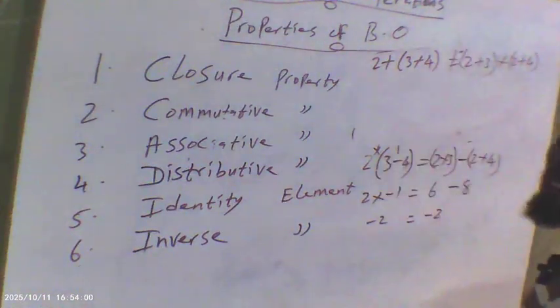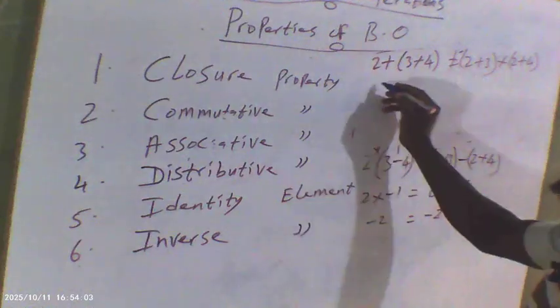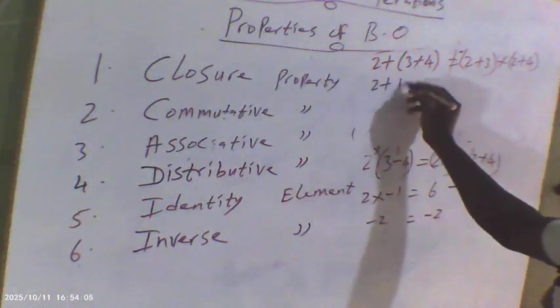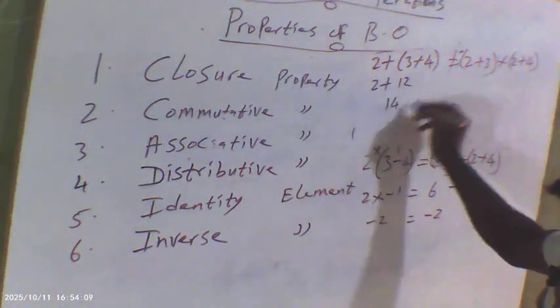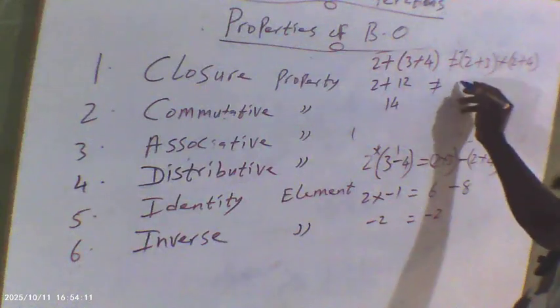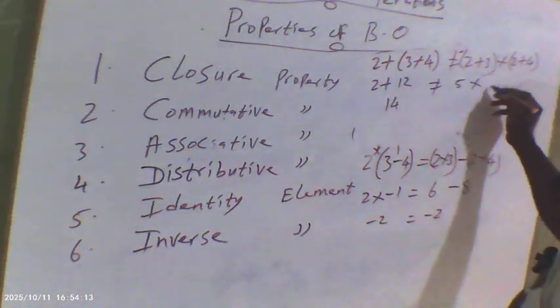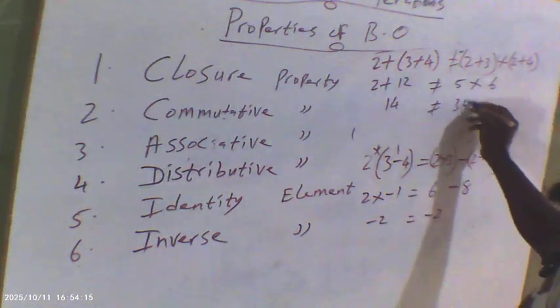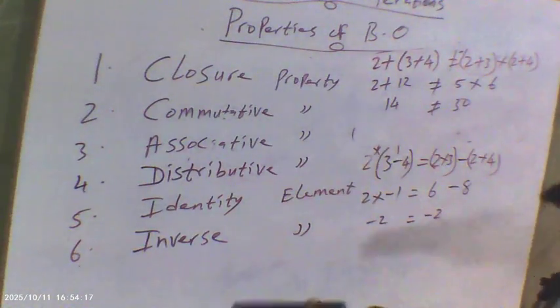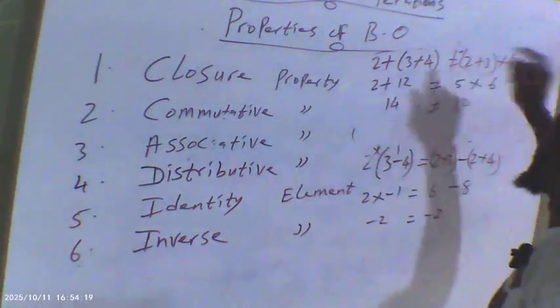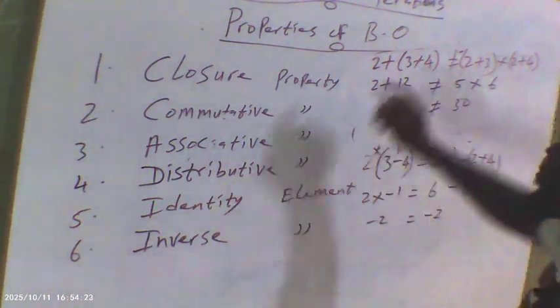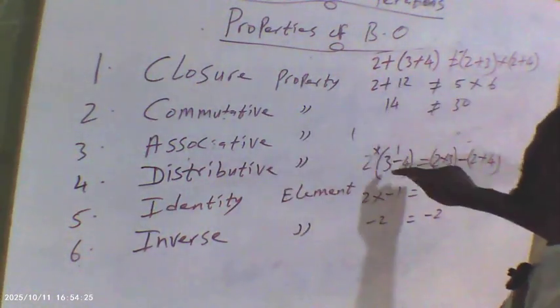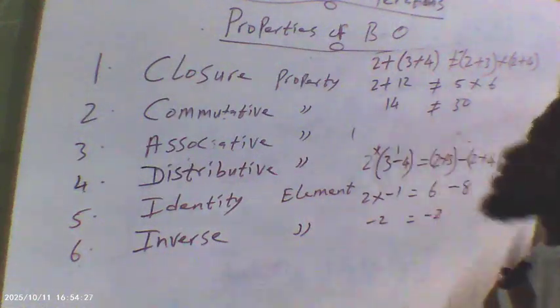They are not equal. 2 plus 3 times 4 is 2 plus 12, which is 14. But 2 plus 3 is 5, times 2 plus 4, which is 6, is 30, not equal to 14. So addition and subtraction are not distributive over multiplication, but multiplication is distributive over addition and subtraction.